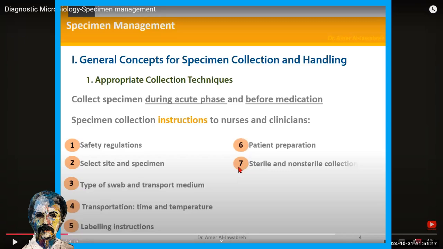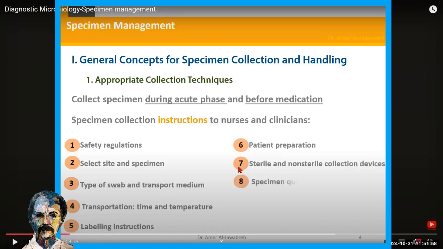Or if you are in a hospital, they should be given to the nurse and the clinician, and not only verbally, but verbally plus written, so that every time they want to collect a sample for a certain thing like urine, they just read.